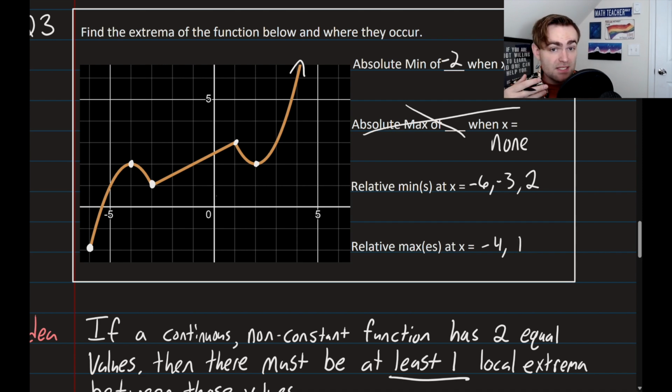So if this was a test question, and you did not include the negative 6, you would lose a point on that, simply because anytime you say that something is an absolute min or max, it should also be included in the relative lists.